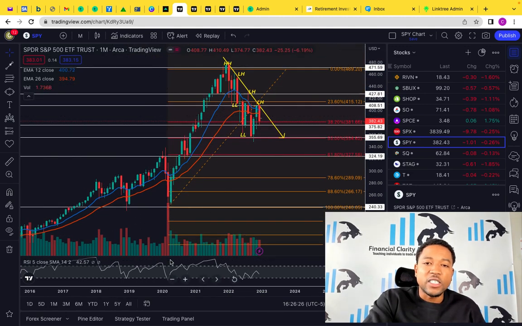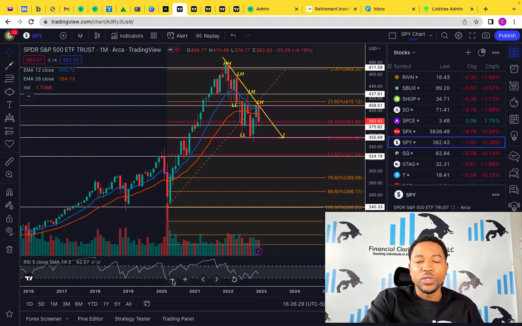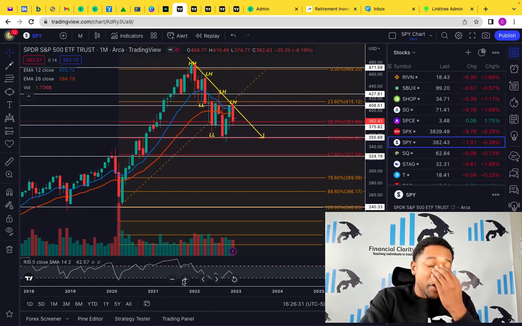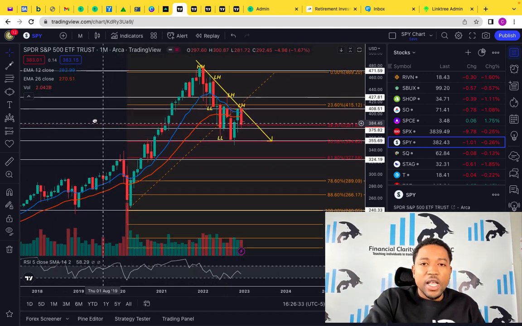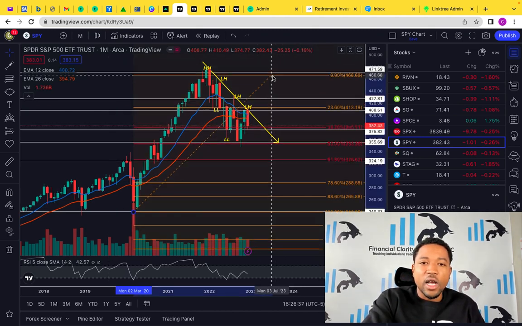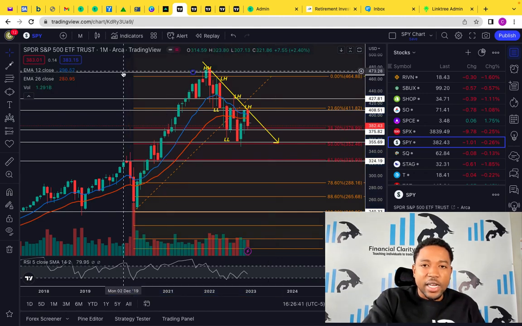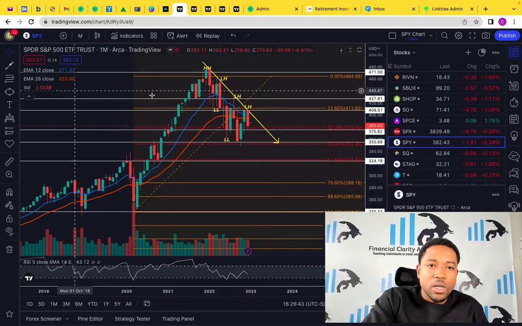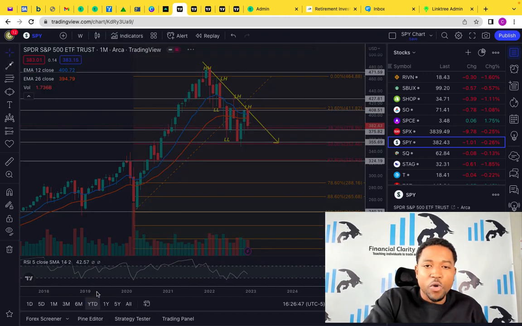So let's explore the scenarios I expect to happen. So scenario one. This is, to me, a likely scenario, but then it's least likely, right? So let's look at it. Scenario one, I'm going to go on the 1 week chart to get more price action.